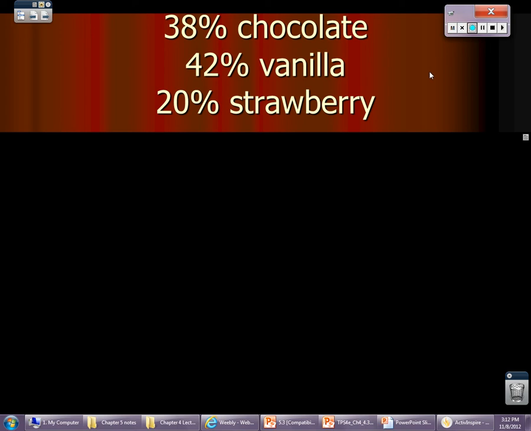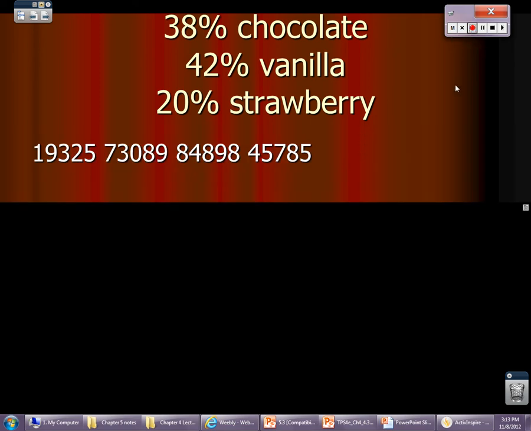I cannot use single digits in this setting. I'm going to have to choose the numbers 00 through 99, where the numbers 00 to 37 represent chocolate. Keep in mind there are 38 numbers from 00 to 37. The numbers for 42% and the numbers for 20% will follow sequentially in order to give me the numbers from 00 through 99.